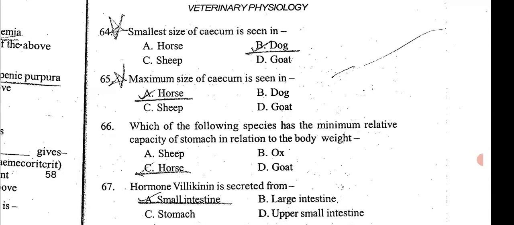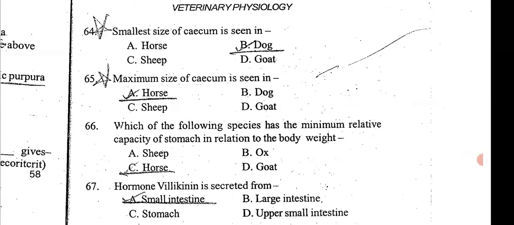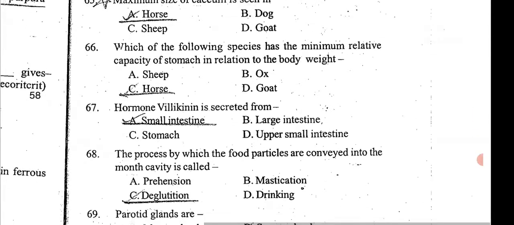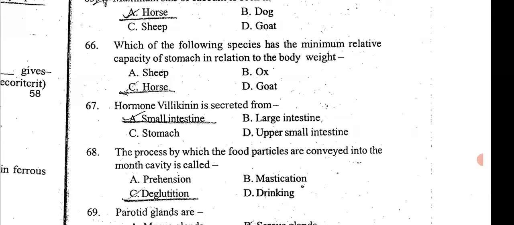Maximum size of cecum is seen in horse. Horse has a well developed cecum, whereas the regressed or smallest sized cecum is observed in canines or dog. Which of the following species has the minimum relative capacity of stomach in relation to body weight? Horse.